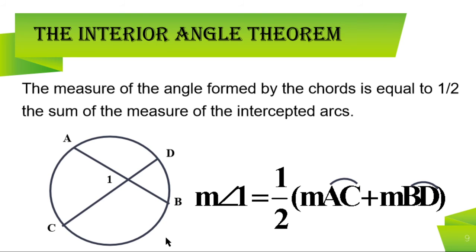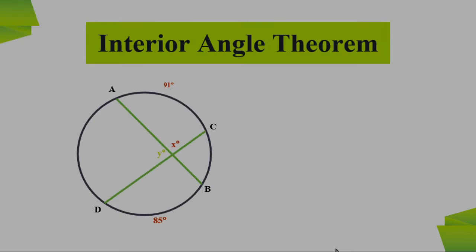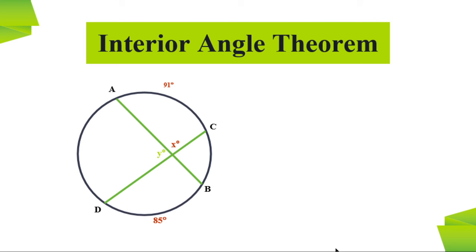Again, to get the measurement of angle 1, we get the half of the measurement of arc AC plus the measurement of arc BD. Okay, for some examples, we have here. First, let's solve for the value of x.